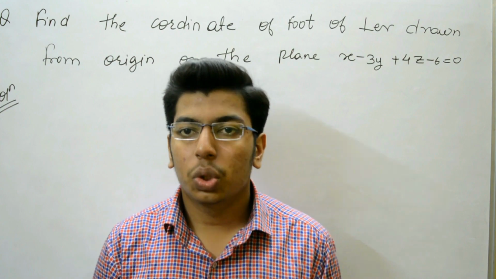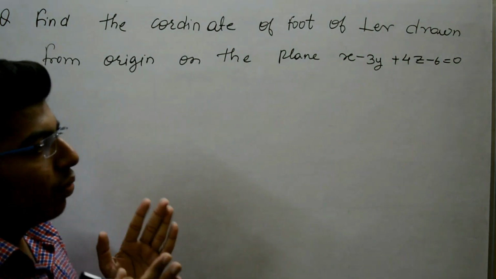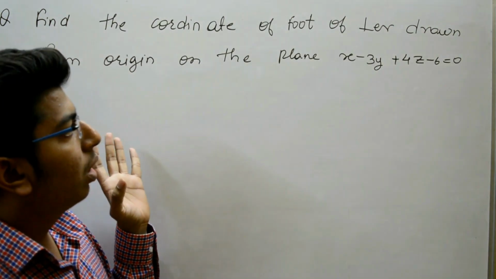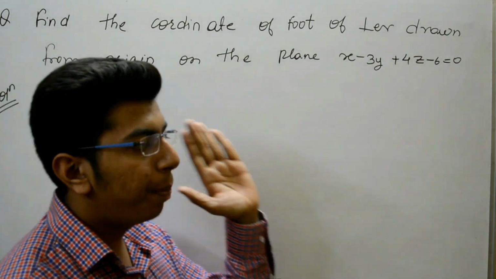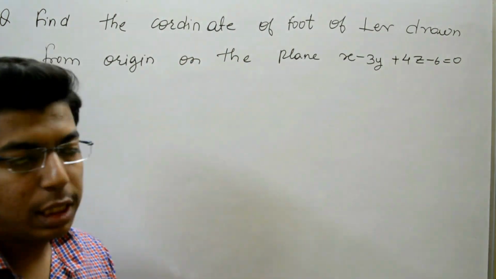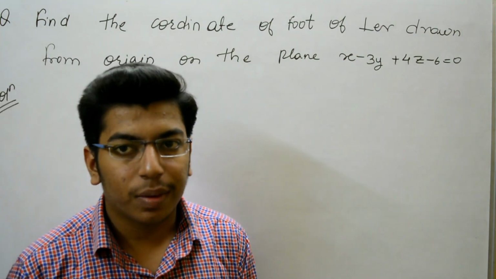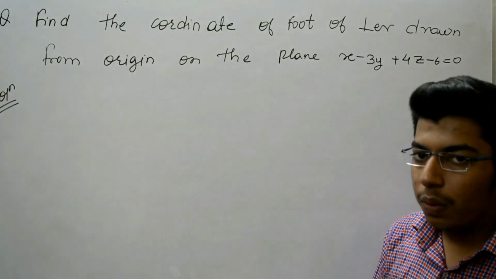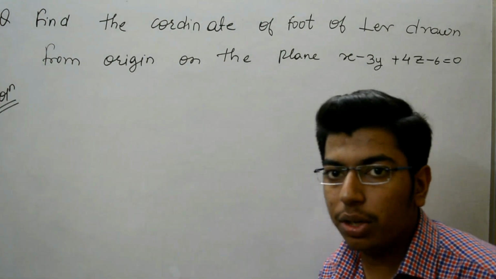So the next question is: find the coordinates of the foot of the perpendicular drawn from the origin on the plane x minus 3y plus 4z minus 6 equal to 0. In this question we have to find the coordinates of the foot of the perpendicular.